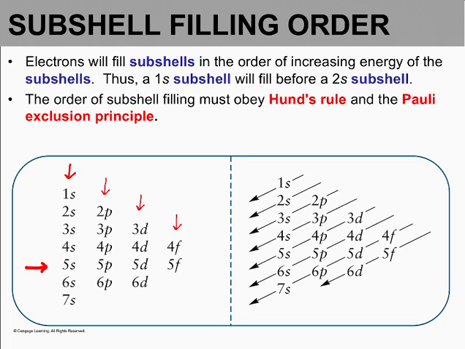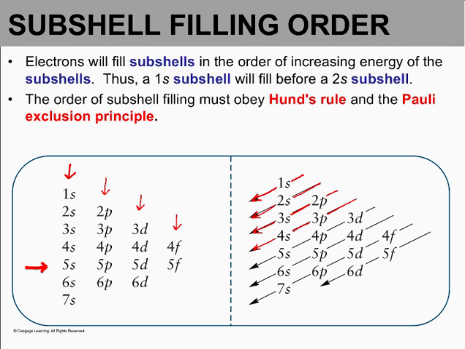Okay, so let's look at the diagram on the right. We can draw arrows going through each of these different subshells, and you can see that we would fill the 1s subshell first, followed by the 2s subshell, then the 2p subshell, then the 3s subshell, then 3p, then 4s.